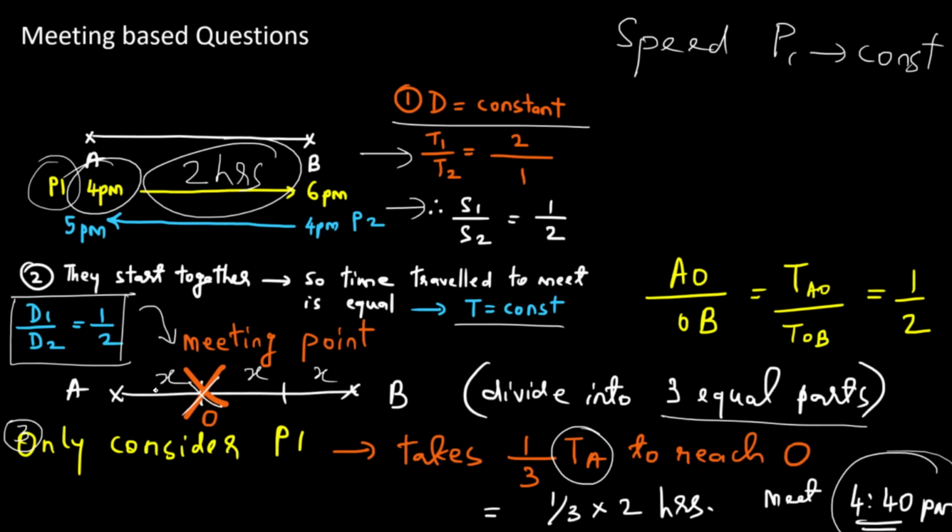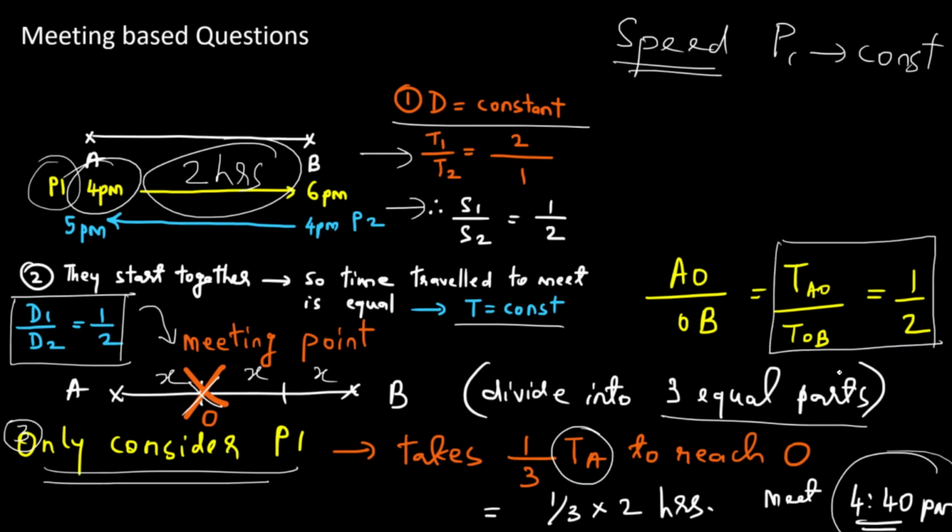All right. Now we proceeded and we took only person 1. In the case of taking only one person, the speed is constant. Therefore, the distance is directly proportional to time. We know the distance ratio, that's 1 by 2. And with that, we find the time ratio: the time taken by person 1 to move from A to O to the time taken by person 1 to move from O to B is equal to 1 by 2.